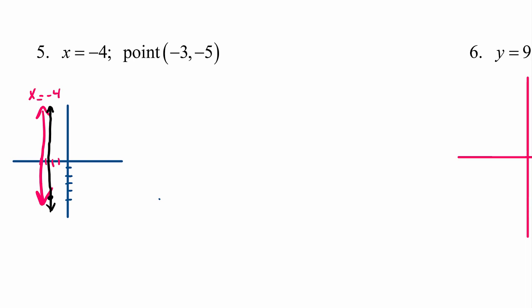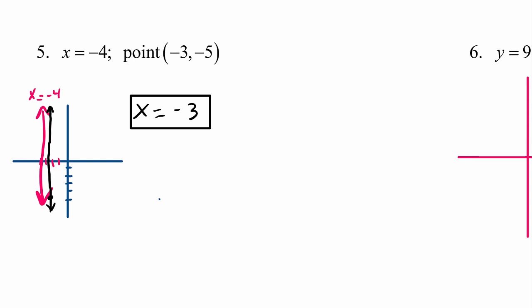So we just need to find the equation of the vertical line that goes through this point -3, -5. As you look at that drawing here of that black line, all of these x-coordinates are the same, and they have the equation x equals -3. So this parallel line being another vertical line that goes through the point -3, -5, the equation has to be x equals a number, and all those x's on that line are -3.